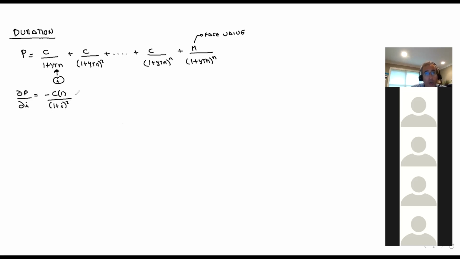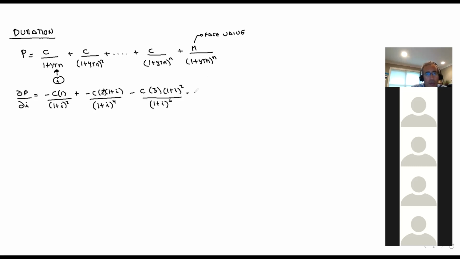Make sense? So what is the second one? It's going to be, again, minus C. The derivative of this one here is going to be 2 times 1 plus I over 1 plus I to the power 4. So it's basically squaring this one here. For the third one, minus C multiplied by 3, so this to the power 3, that multiplies 1 plus I to the power 2, divided by 1 plus I to the power 6.